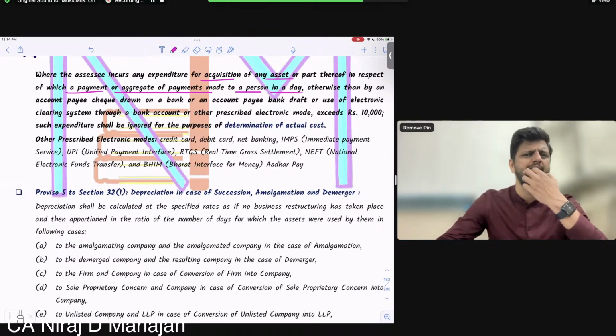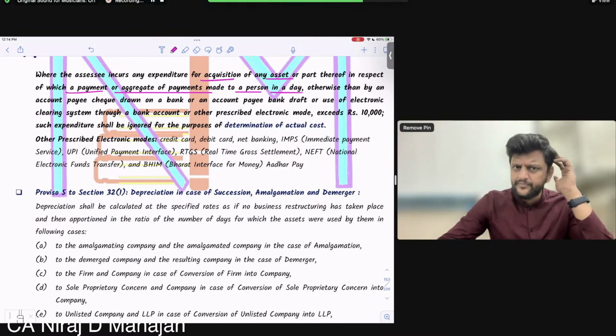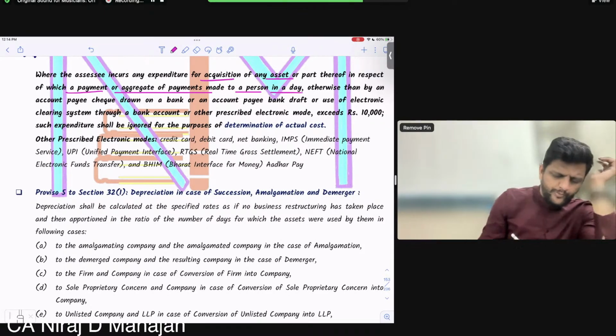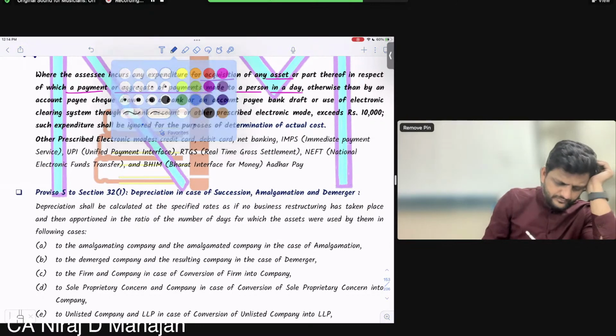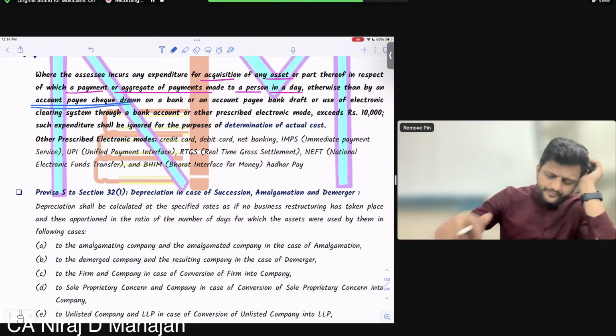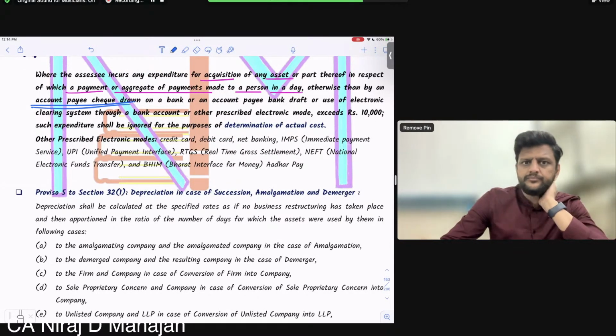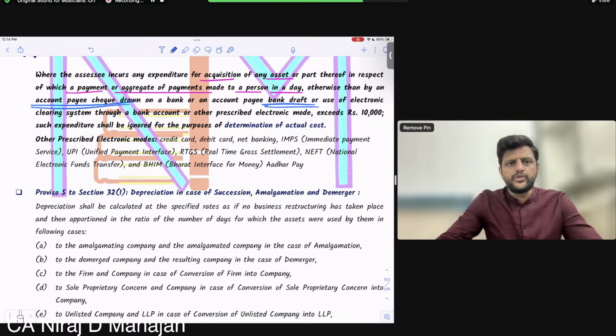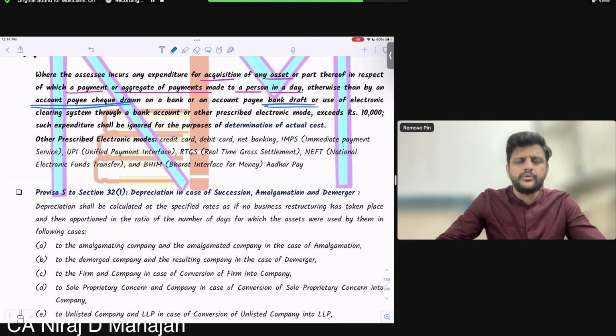So entire payment done in a day, otherwise than by, otherwise means other way around, an account payee cheque drawn on a bank, or account payee bank draft, or use of electronic clearing system through a bank account, or other prescribed mode.